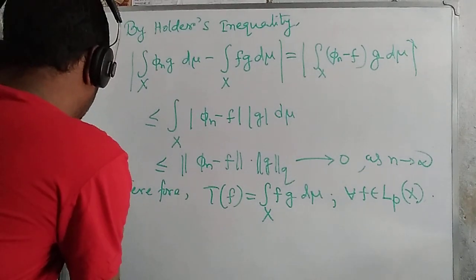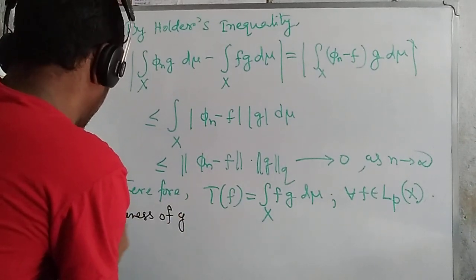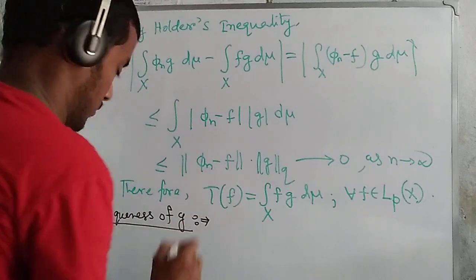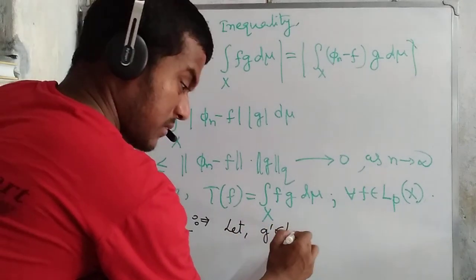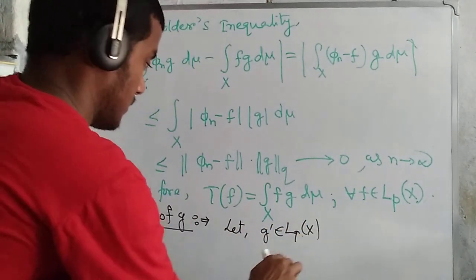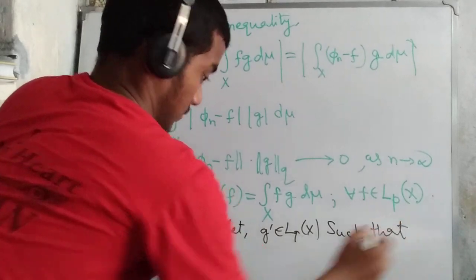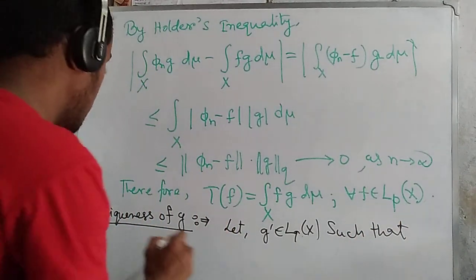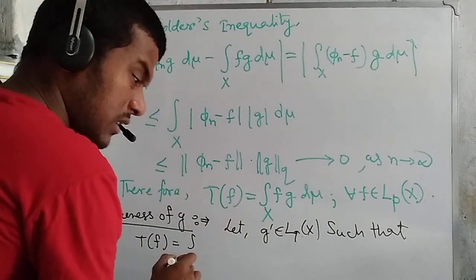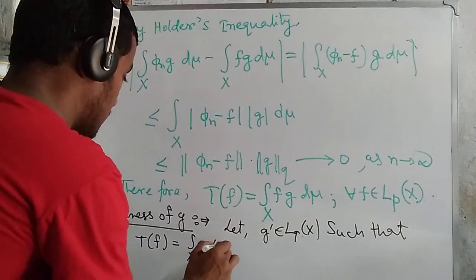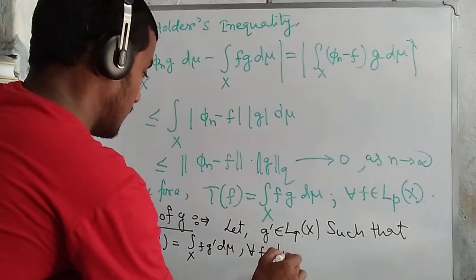Now let g dash belong to L^q(X), such that T(f) equal to the integration over X of f g dash d mu, for all f belongs to L^p(X).